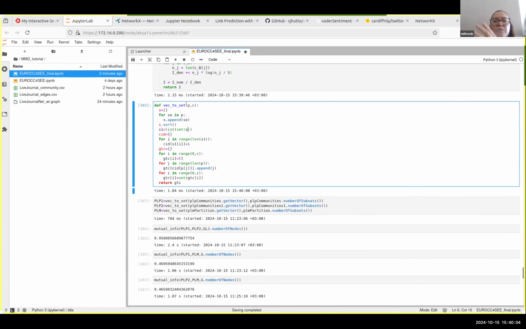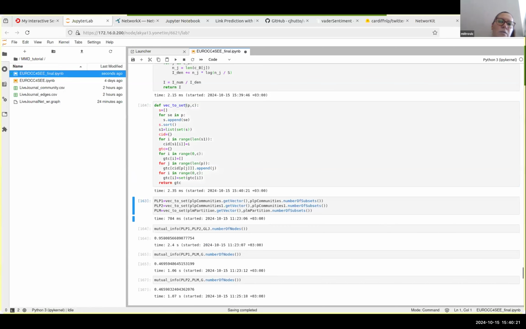Here, because we cannot use the specific partition structure that NetworkKit makes, I also made a function that allows you to translate the output that you get from the NetworkKit partition to the one that you can use for mutual information.